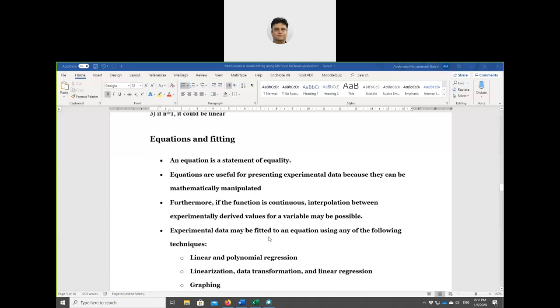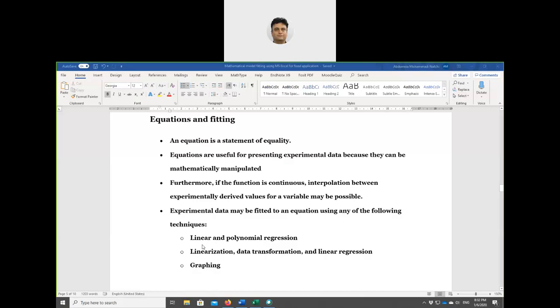Experimental data may be fitted to an equation. The meaning of fitting is that the experimental data can satisfy an equation by using any of the following techniques. We have different techniques, but most of them are linear and polynomial regression.